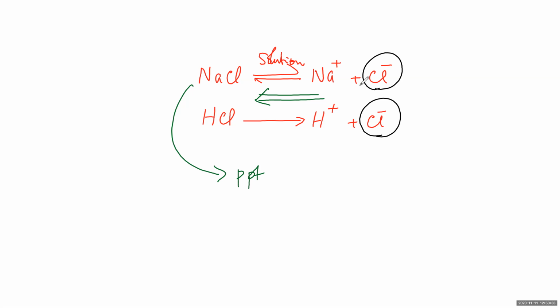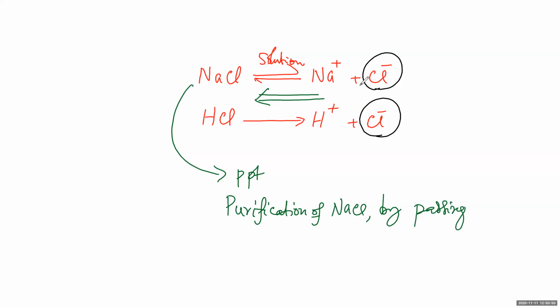So, the purification of sodium chloride by passing hydrogen chloride gas through a solution of sodium chloride. There is precipitation of pure sodium chloride. And in the purification of sodium chloride, we can see common ion effect.